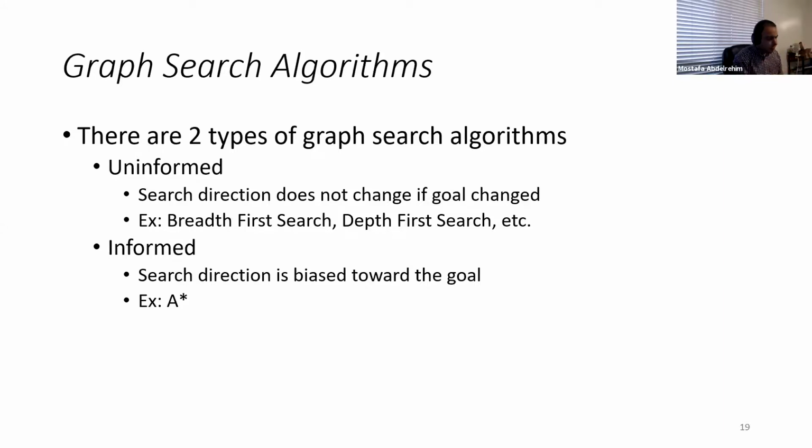Examples of uninformed algorithms are breadth first search, depth first search, and many others. The most famous informed algorithm is called A star. We will talk about all of these.